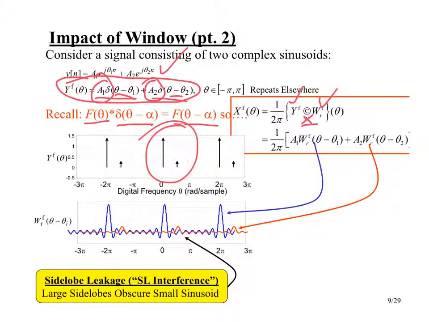So here we're looking at two sinusoids where one is strong. So say A1 is bigger than A2. And when those things get convolved with the Dirichlet, we'll literally have different heights. Even though these are infinitely high, they have a different area, and that area gets conveyed to the height of the shifted Dirichlet kernel.